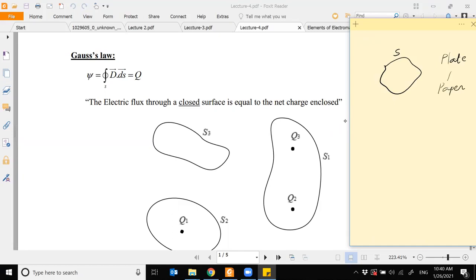It's an open surface. Got it? And what will be the unit normal of this open surface? The unit normal of this open surface can be coming out of our screen or it can go into the screen. Both are fine for an open surface.